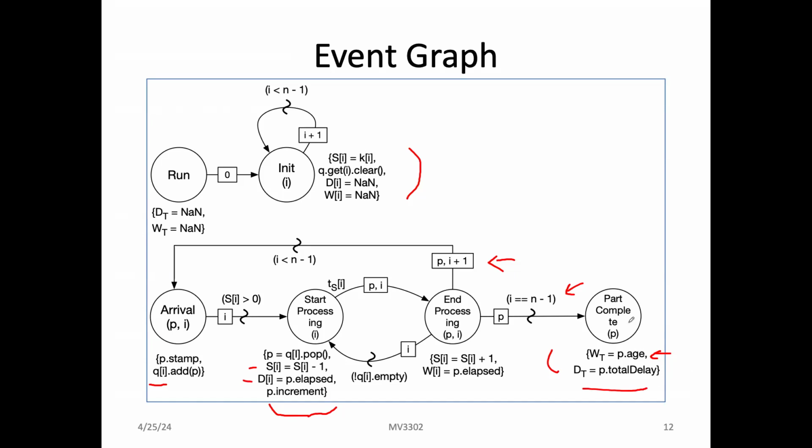And so the time between when it was created, when it showed up at the first workstation, and so its age is how long it's been in the system at that point. And then the total delay is something we've kept incrementing here. And then these would just fire an ordinary property change because they're scalar variables. Everything else is going to fire an index property change.